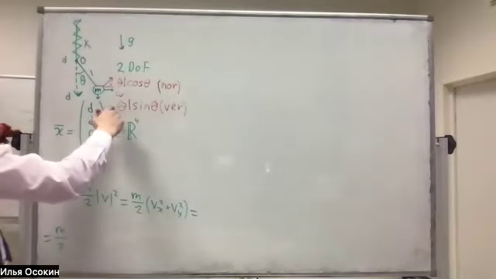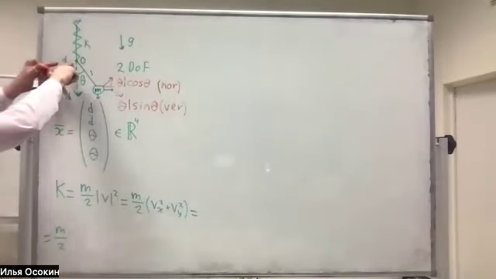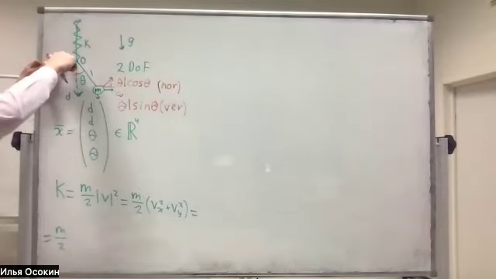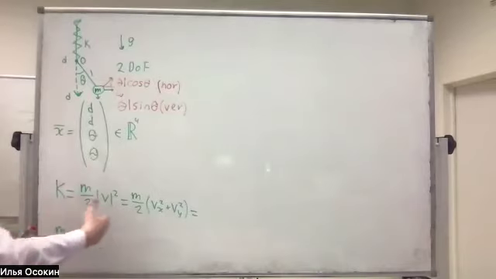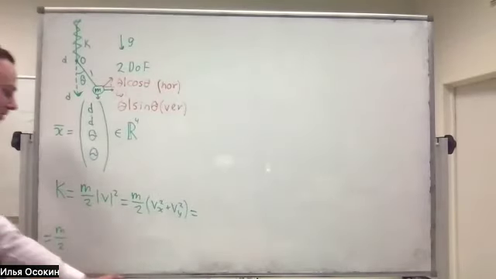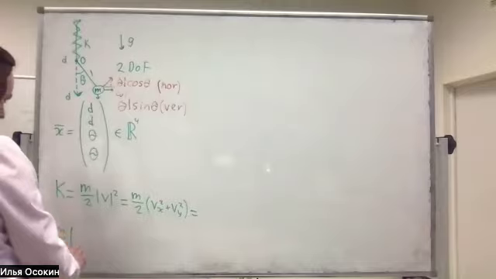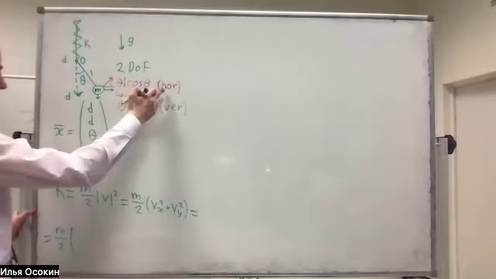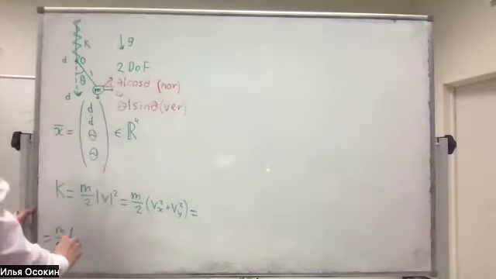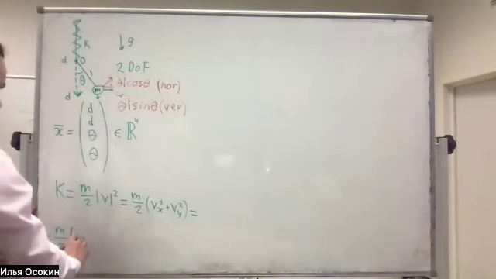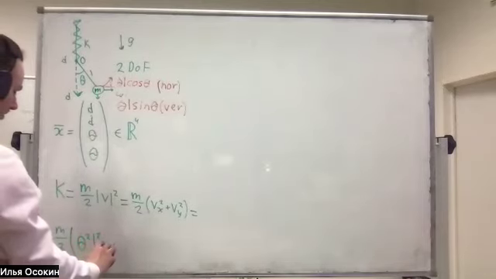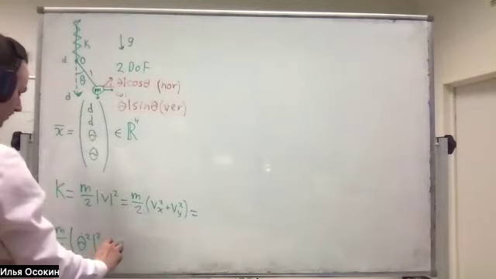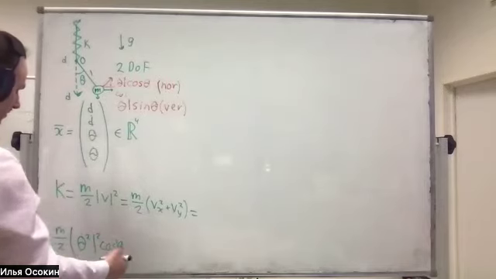And also, there's a vertical component that comes from the linear motion of this pivot joint. So here I'm going to first write the simpler component, the horizontal or the x. I'm going to square it, and it will be theta dot squared L squared cosine squared theta.